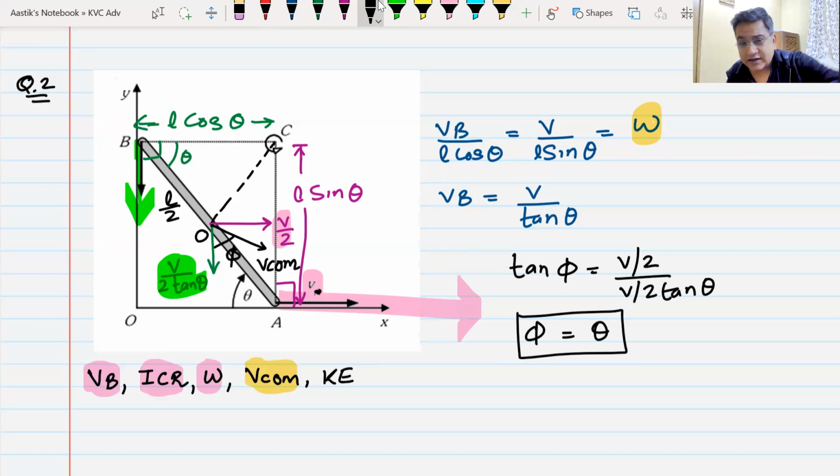So this angle phi actually comes equal to theta. This is phi. Do we understand what I am saying? Yes, sir. So the center of mass has a velocity which makes the same angle theta with the vertical that the rod makes with the horizontal.